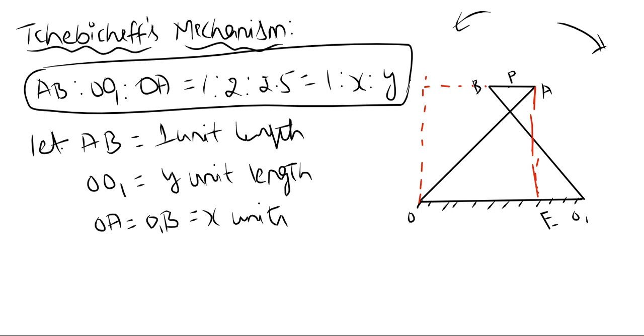When the link AB moves in a left direction or right direction, suppose it moves in this particular direction, we obtain a point P1, and A comes in the downward direction and becomes point A1, and B point comes here and becomes B1.